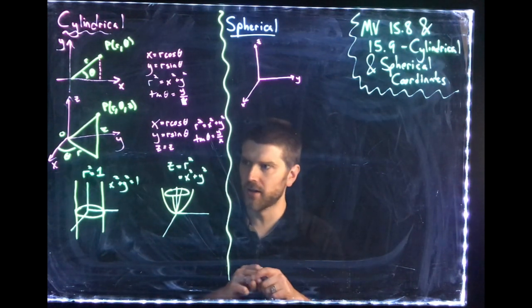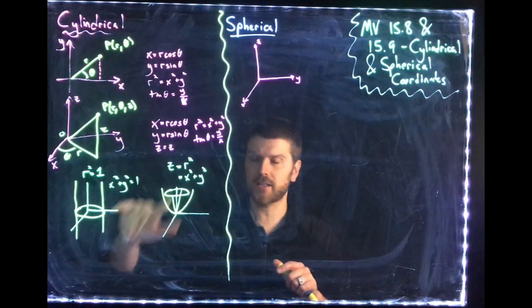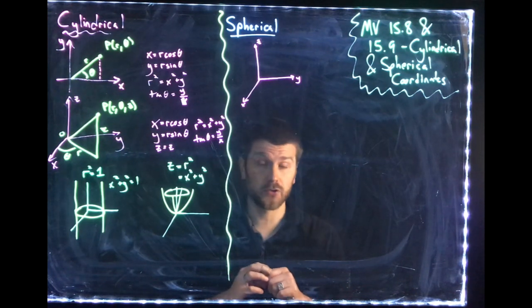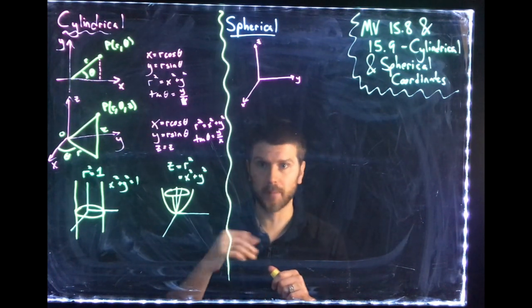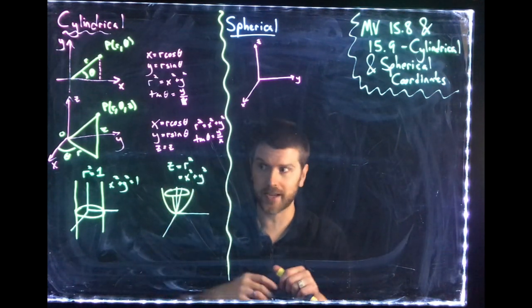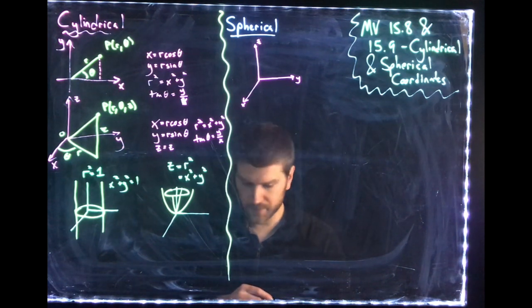Cylindrical works pretty well for this. I just want to note, both of these are oriented with their axis of symmetry being the z-axis. That's fairly natural for cylindrical coordinates. It actually is a little bit more complicated in cylindrical coordinates to describe things that are centered around the x or the y-axis. The z-axis is taken to be a little bit special here.